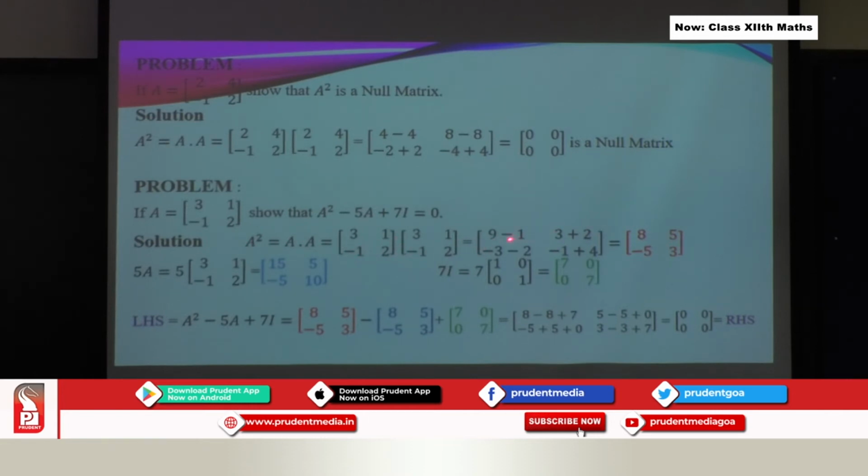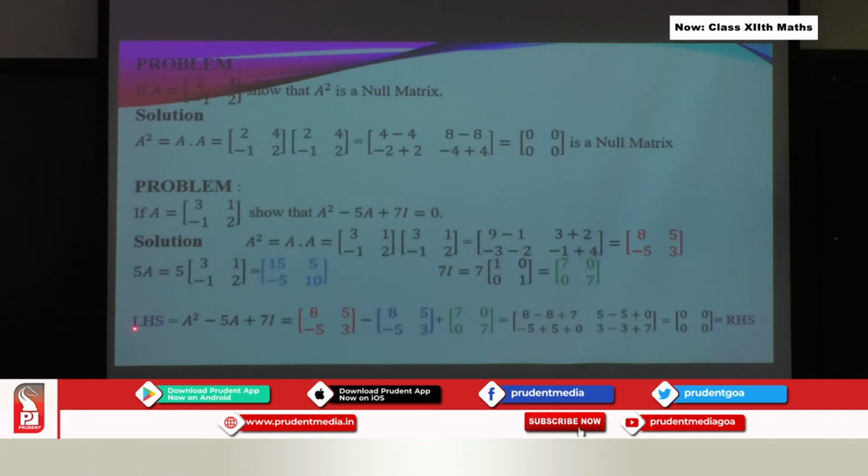Again, you need to do this matrix multiplication using all procedures correctly. Then you get 5A, it's a scalar multiplication, you get this matrix. So what do we have to do? This, this and this output that I got, I will be substituting in my LHS. See, the writing part is very important.